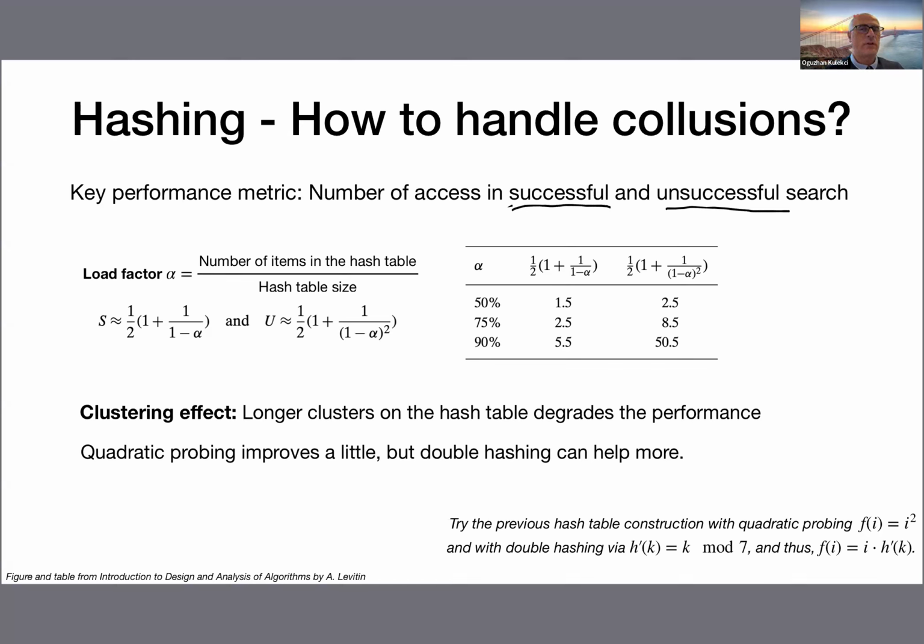But due to those collisions, I may need to check more than one position, as in the previous example. So this is the cost for a successful search. Similarly, if the item is not in the hash table, it's an unsuccessful search, and I should have something reasonable, right?